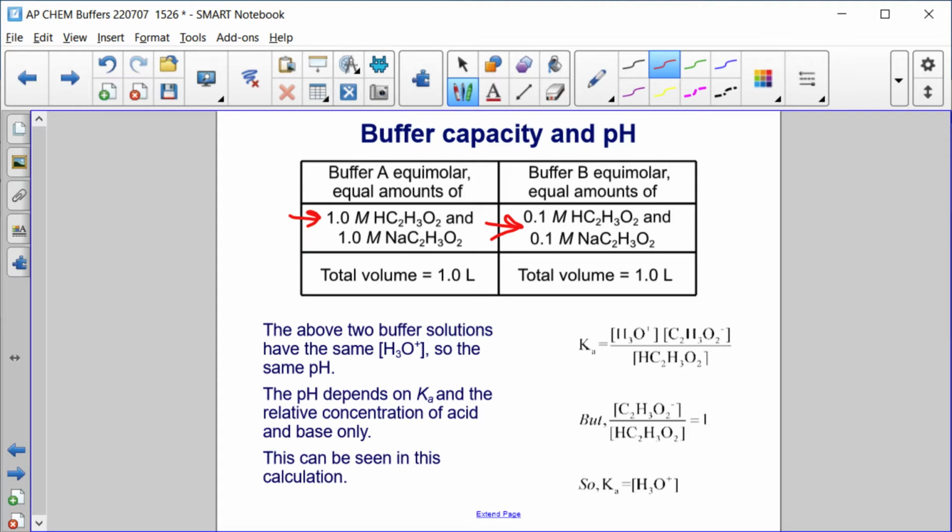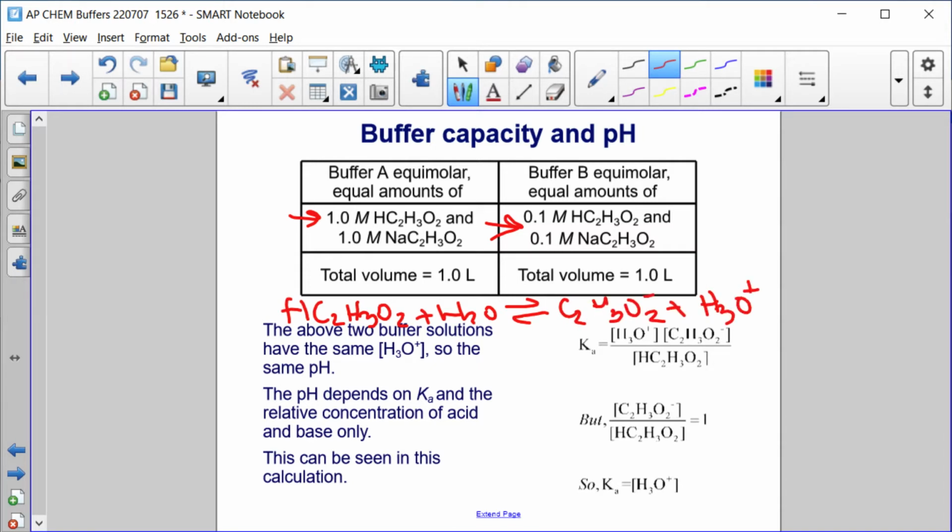The pH depends on the Ka and the relative concentration of acid and base only. This can be seen in the following calculation. So just as a reminder, the dissociation of acetic acid in water produces the acetate ion and the hydronium ion.